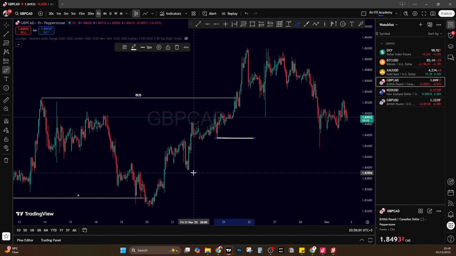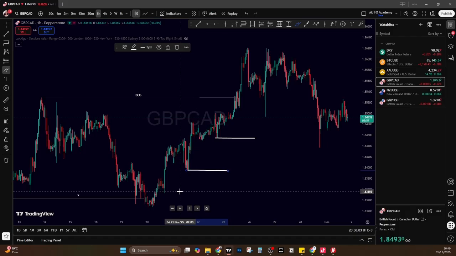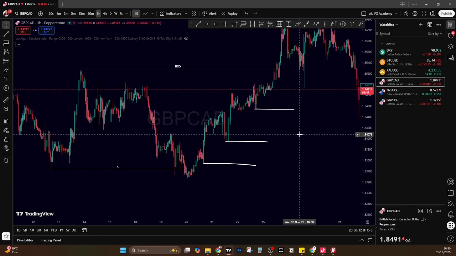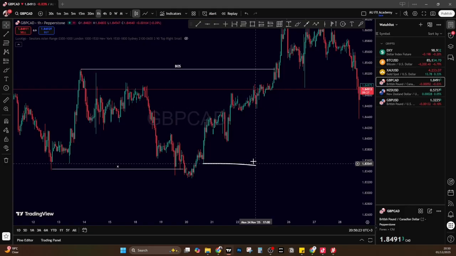Now you see all these swing lows. All these are liquidity. But you will need to use order flow to understand where the market currently is and where we expect the market to come down to. Let me delete this so that we have a very clean chart.